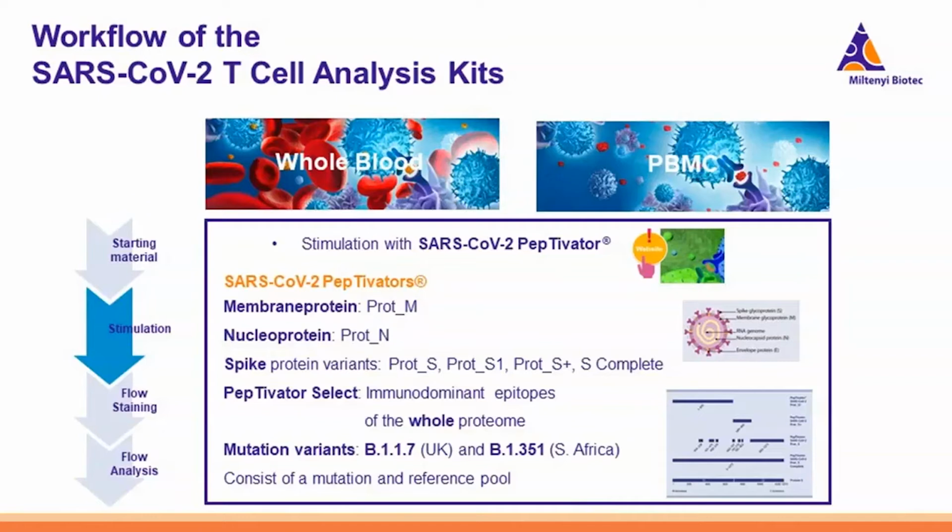It should also be mentioned here that we have released several SARS-CoV-2 analysis kit PBMC that already include the Peptivator peptide pool. However, for both kit variants, whole blood as well as PBMC, we also have kits available that require the Peptivator to be purchased separately.